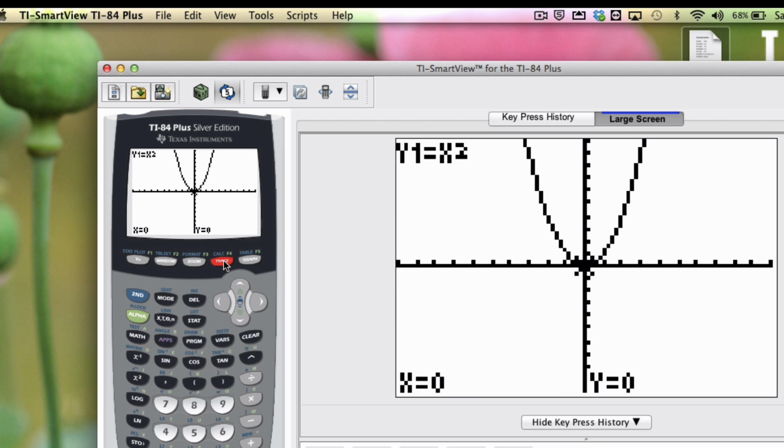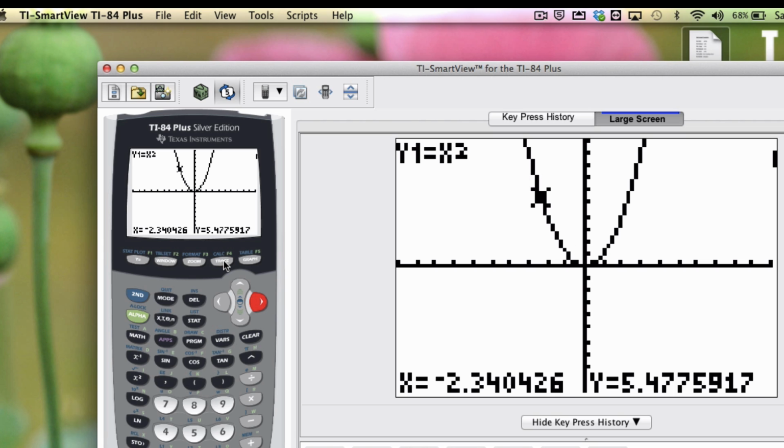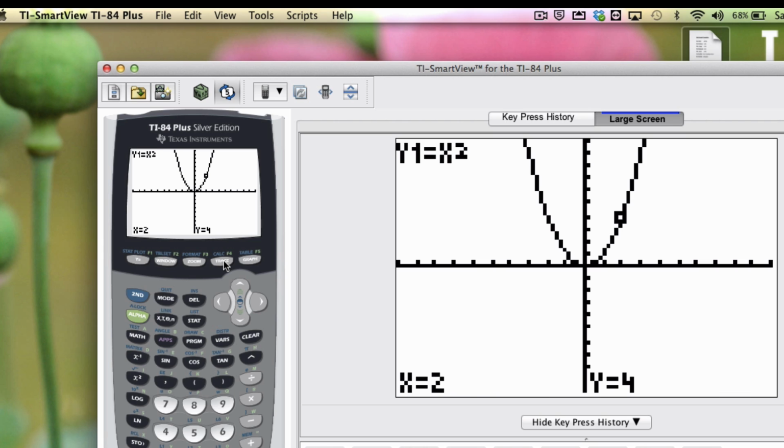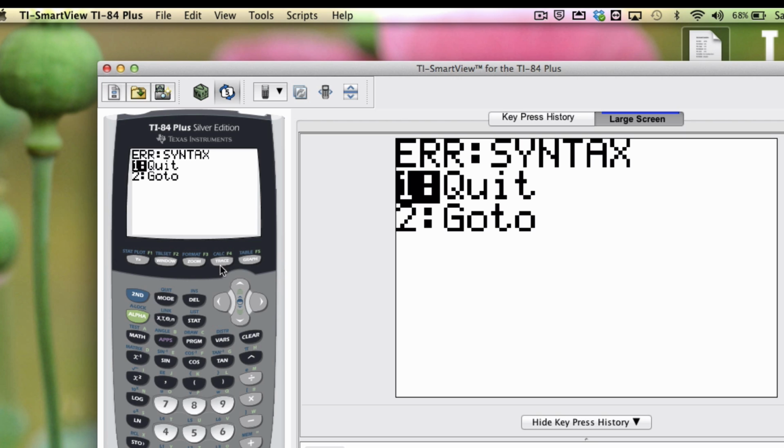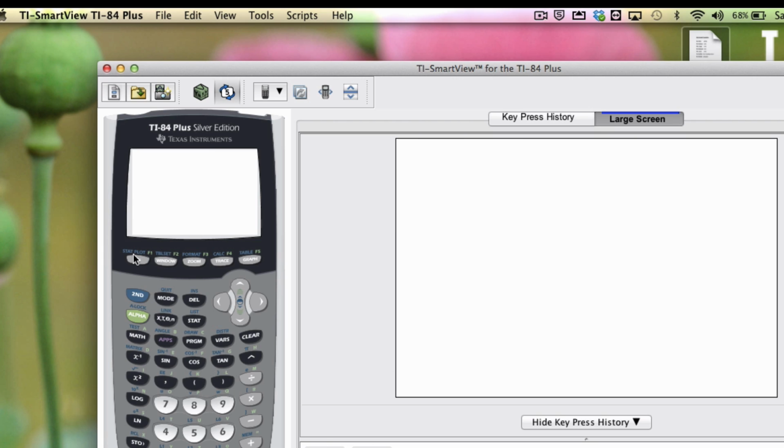If I press trace once again, I can go ahead and go up and down this graph and see the different values. Okay, like we did 2, we can see it's 4. We did -2. Okay, the problem there was it hit the subtraction instead of negative. So I'm going to quit and go back to our graph here.